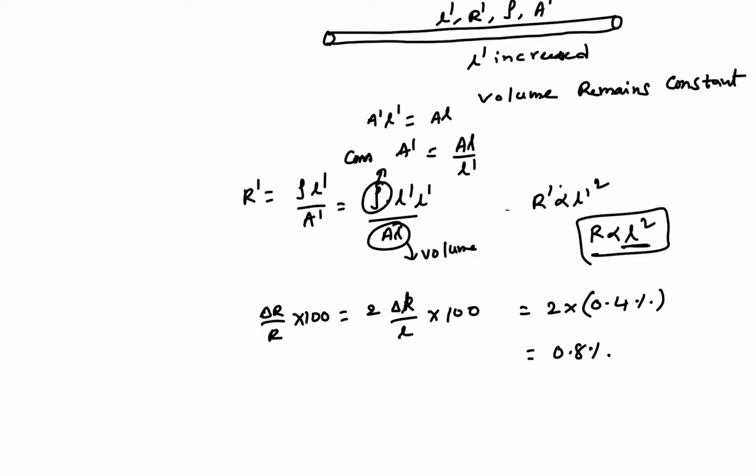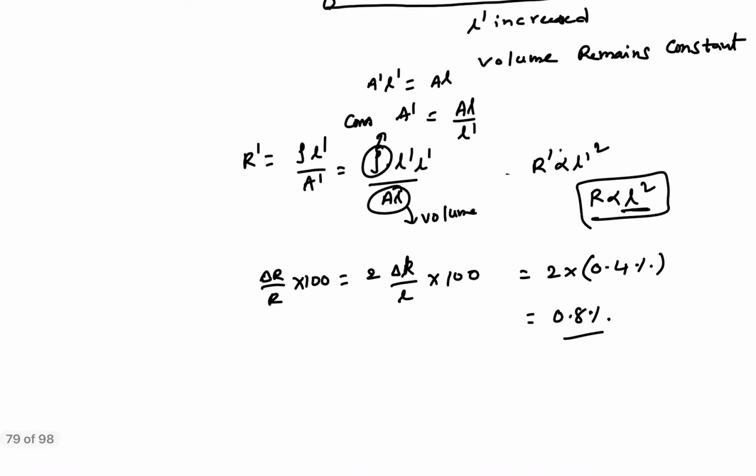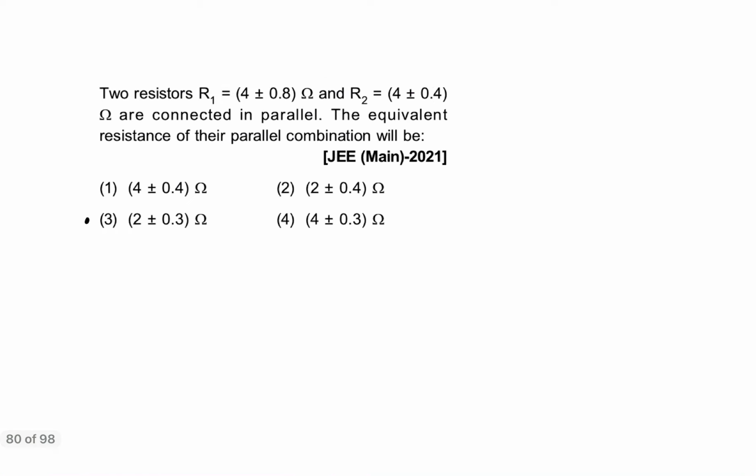Delta L by L value is 0.4 percent, so finally you will get 0.8 percent. You can see 0.8 is the correct answer. We can tick that.